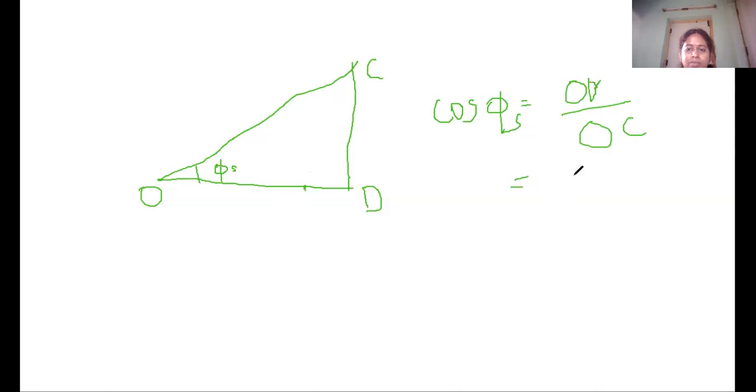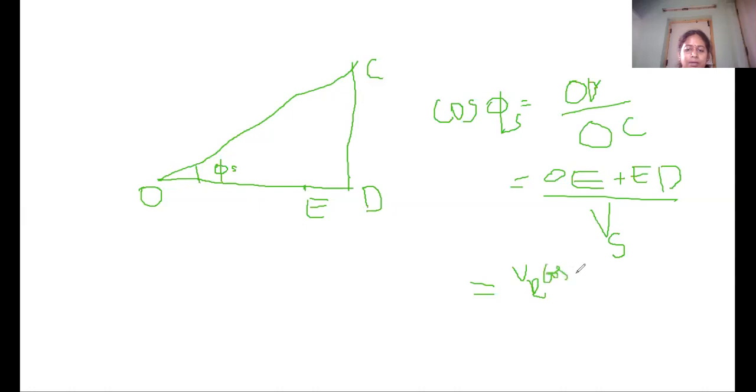In the place of OC we can substitute the value Vs. Here is the point E. OD equals OE plus ED. In the place of OE we can write VR cos phi r.